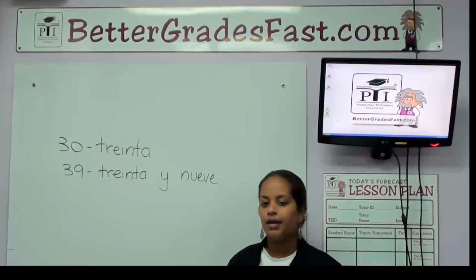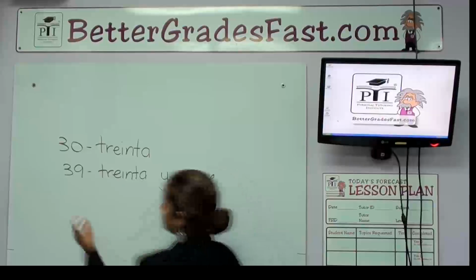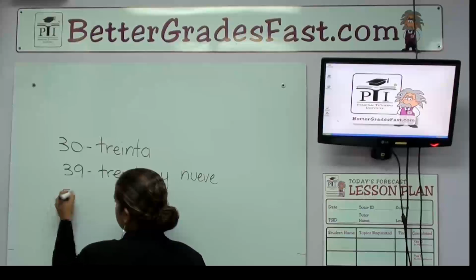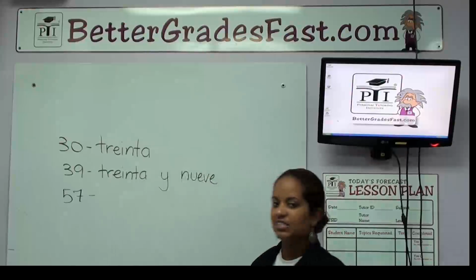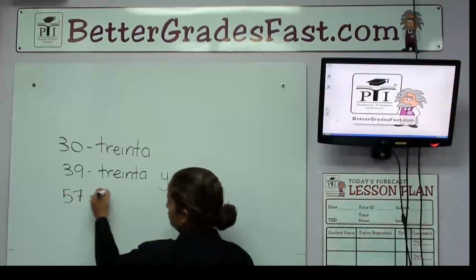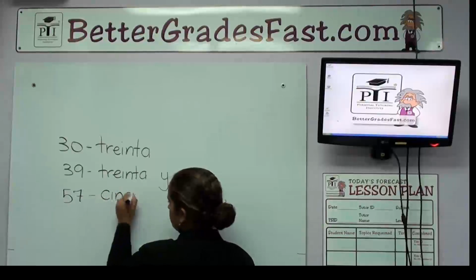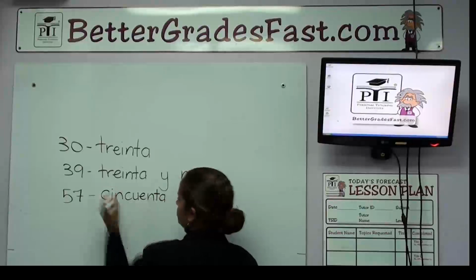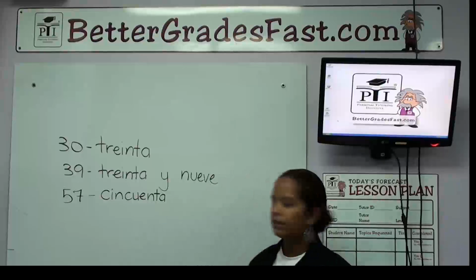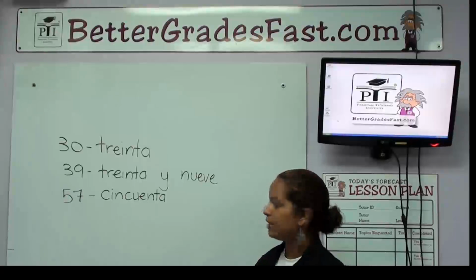Let's try a number like 57. The word for 50 in Spanish is 50. We already know that the number 7 is 7.